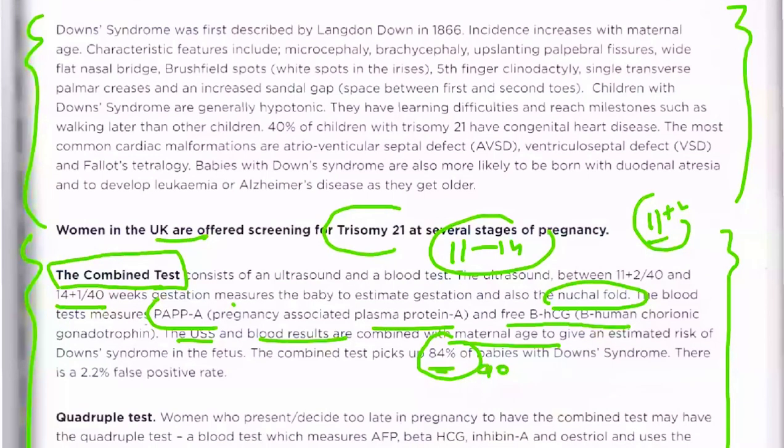Okay, then there is the quadruple test. From the 11th week of gestation we can perform the combined testing. When the mother decides too late or comes to you very late, then we go for this quadruple testing. These four tests measure alpha fetoprotein, beta hCG, inhibin A, and estriol levels.